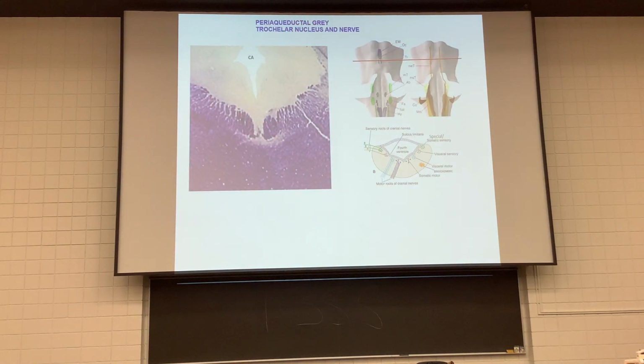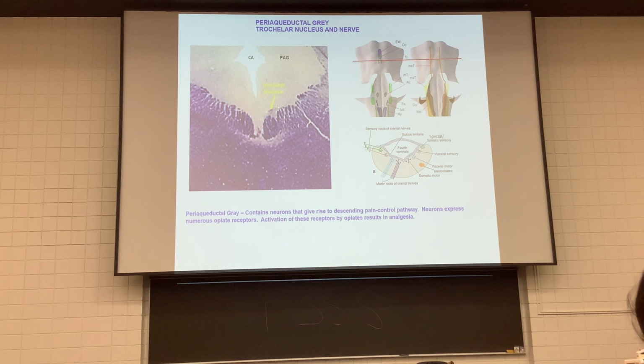Okay, so let's look at that area. So there's the cerebral aqueduct, dorsal, and right there, again, very close to midline. At least on this side you can see it, a teeny tiny little nucleus.